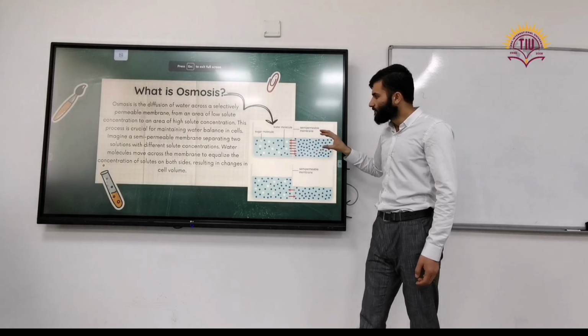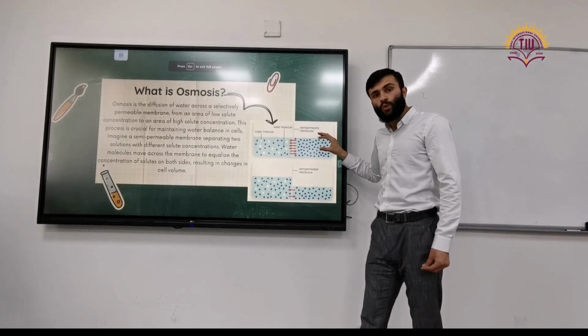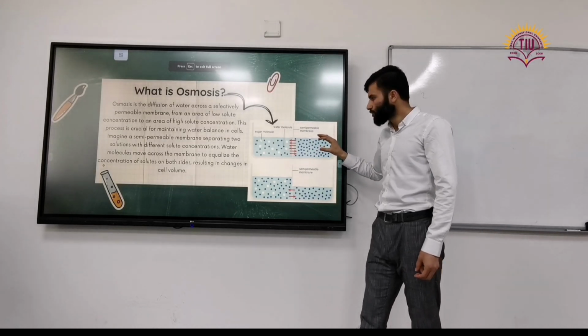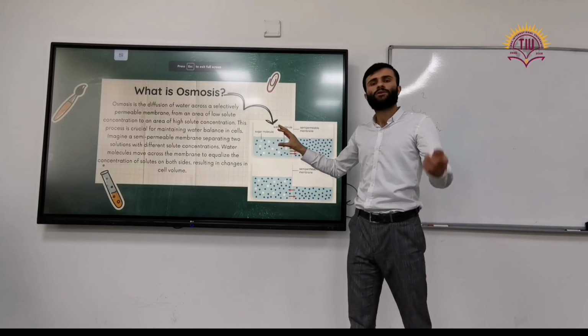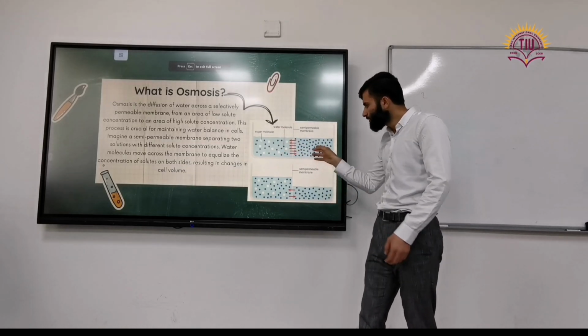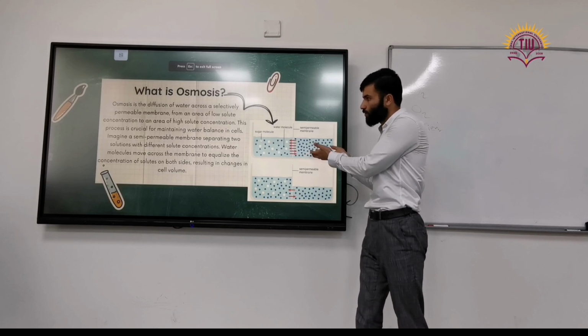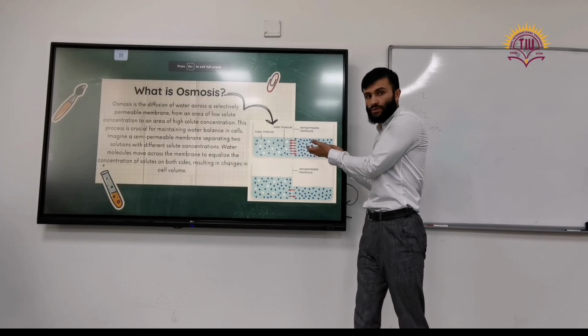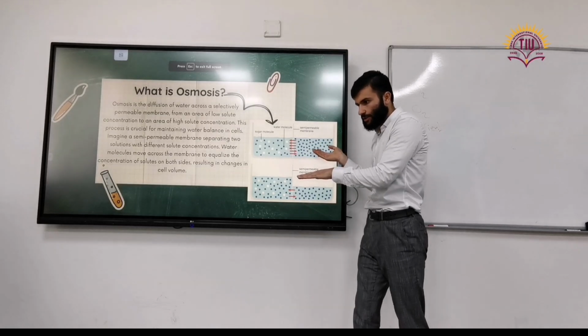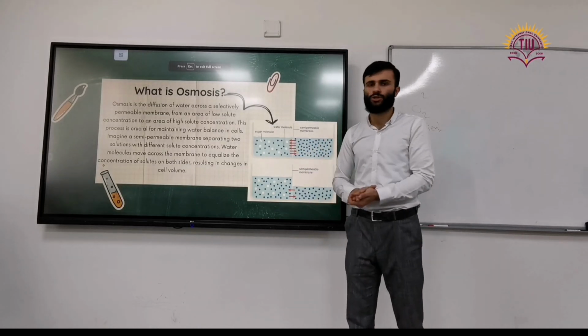Or you can say from low solute concentration to high solute concentration, because in here we don't have solute or sugar, or you can say low concentration to high concentration of solute.